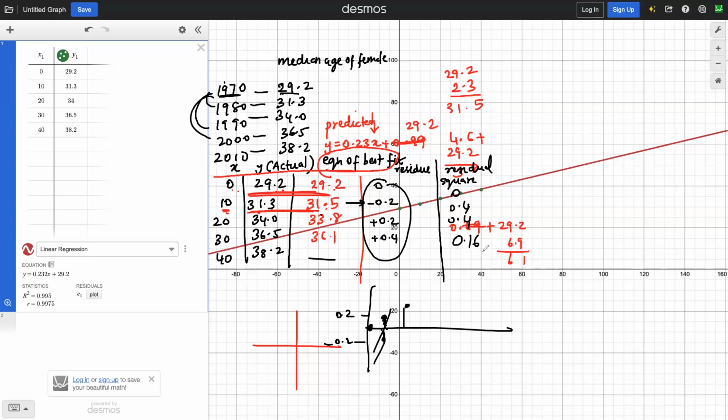Now, when you square the residual, you can sum up all the squares of the residuals. Whenever you sum up all your residual squares, when that value is minimum, then the graph is perfect. Meaning, when the sum of the squares of the residuals is smaller, then the line of best fit perfectly matches all the points.